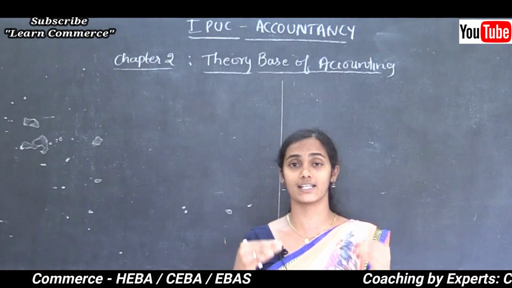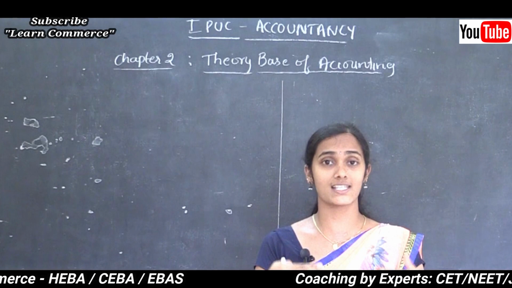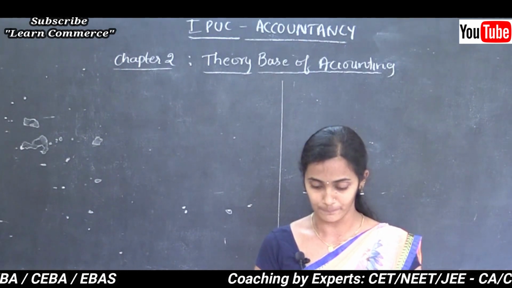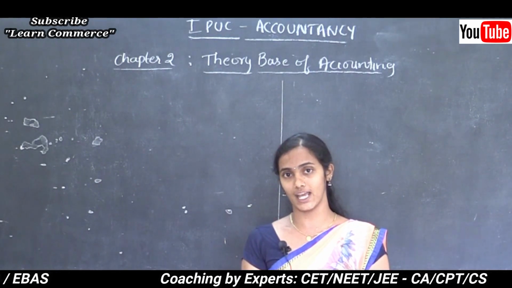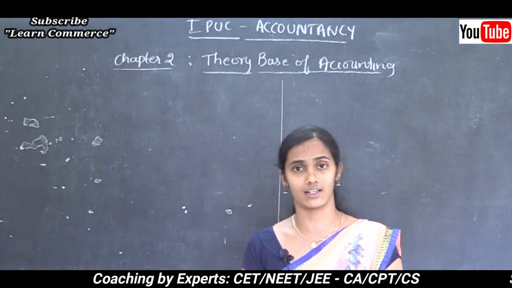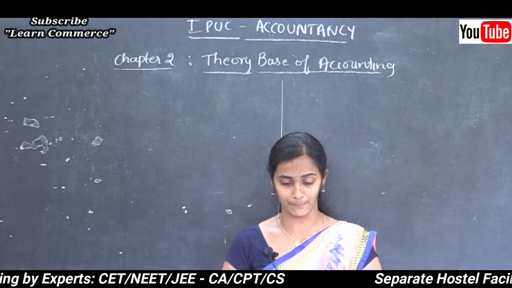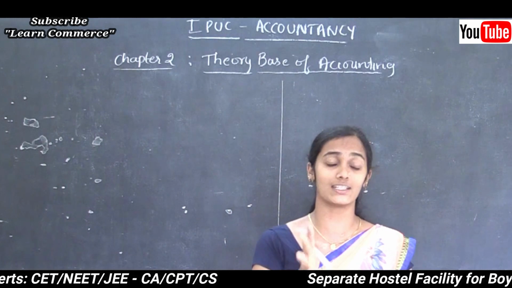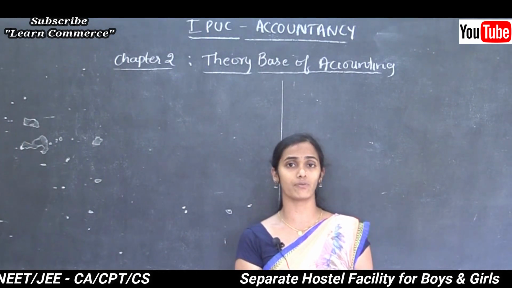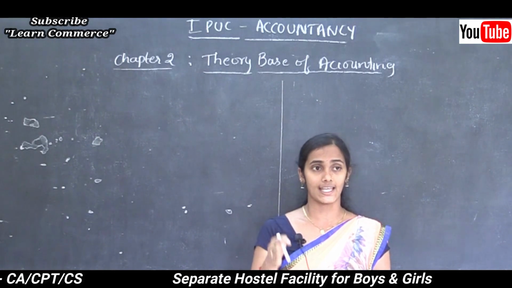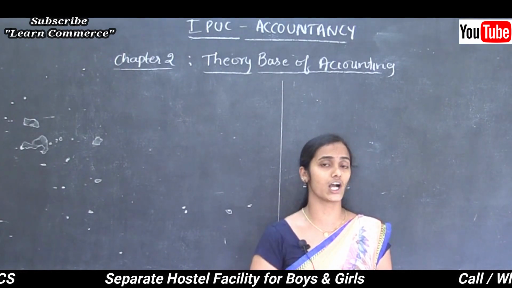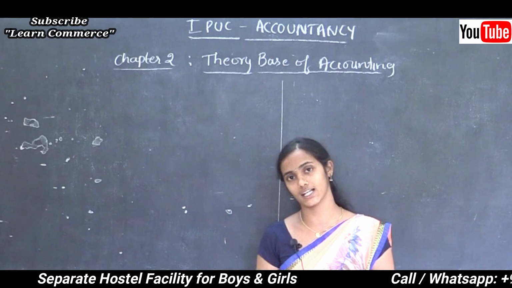That is the basic purpose of accounting information. Based on that, they can take the required decision at the right time. For accounting information to be meaningful, see, only based on correct accounting information can we take correct decisions.